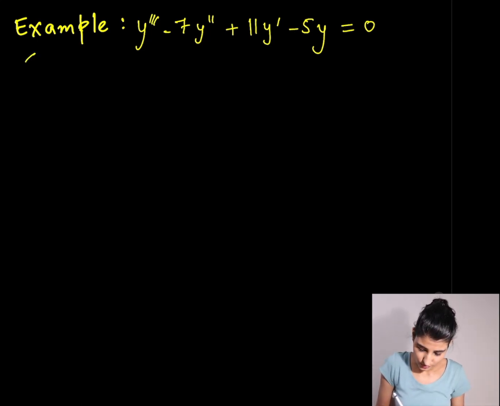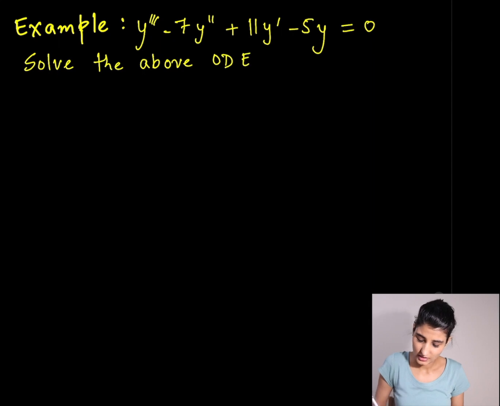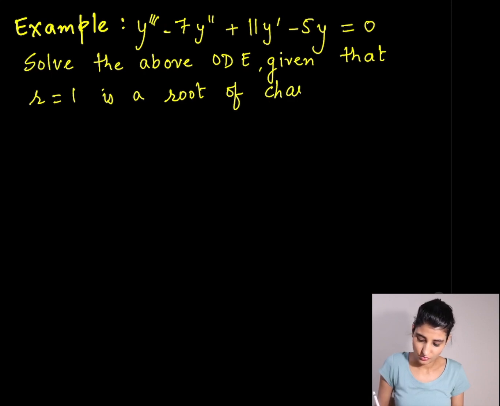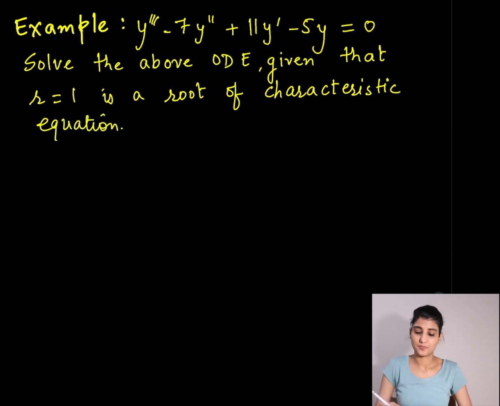So we want to solve the above ODE given that r equal to 1 is a root of characteristic equation. So one root is also already given. So we want to solve this ODE. So let's start.